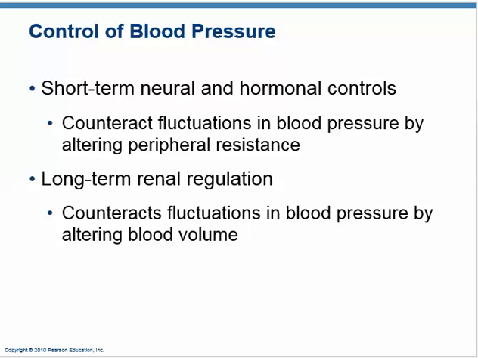It happens because of epinephrine, because of renin, angiotensin, those sorts of things. The long-term control really is about altering how much volume there is in the blood, and that is really from the kidneys. The kidneys regulate that.